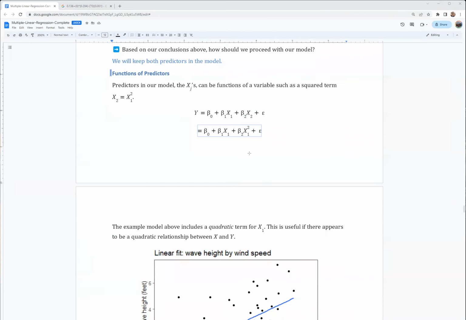You would have maybe something like this, where you have the wave height, you have the wind speed in knots, and then what you literally do is you add wind speed in knots squared as a third variable.